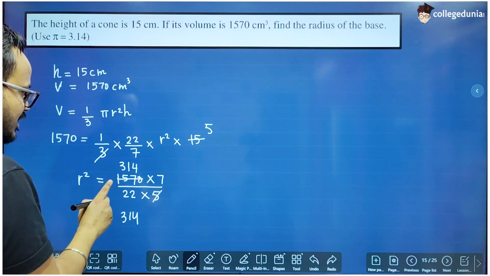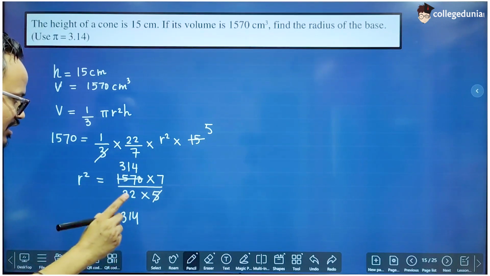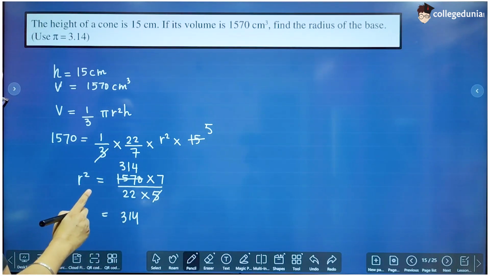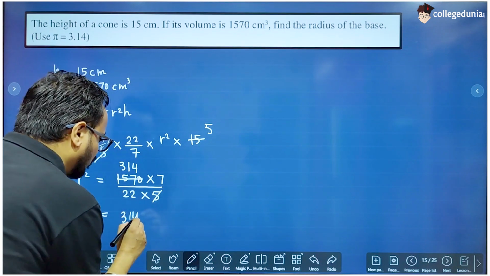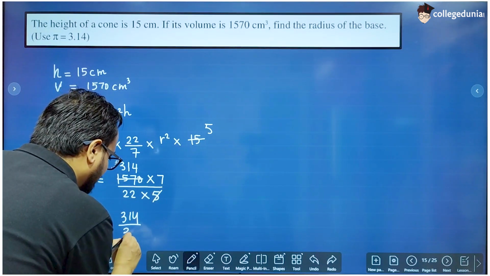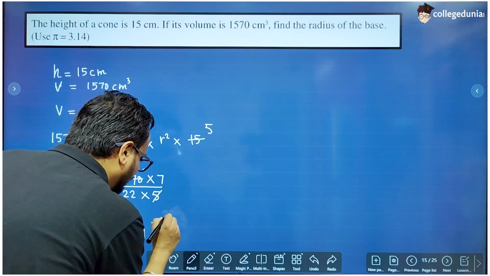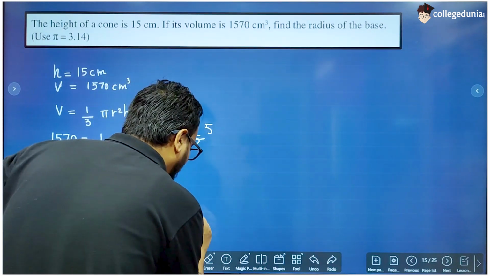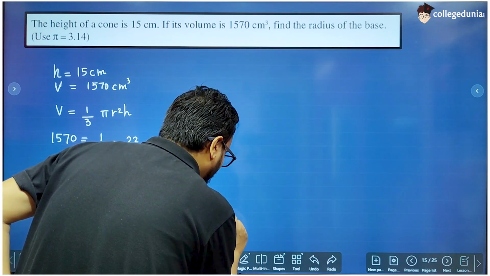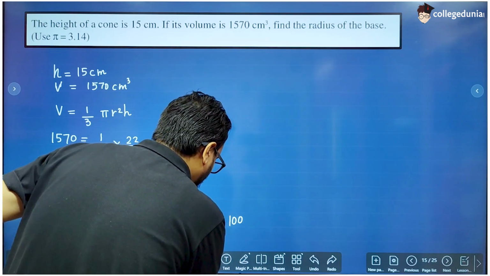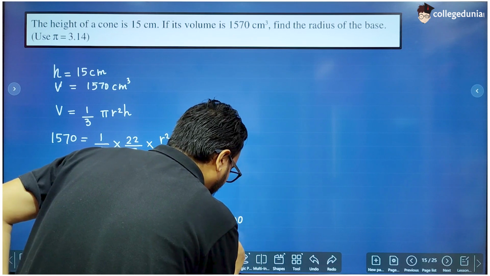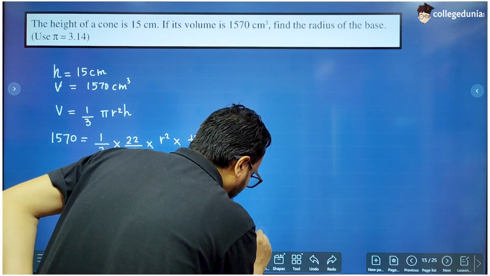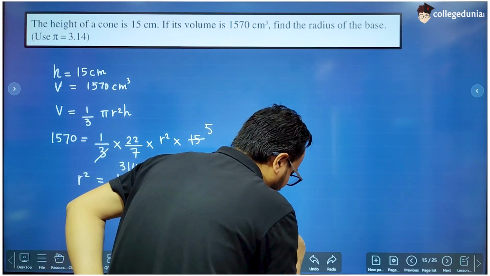So instead of taking pi as 22 by 7, if we would have taken it as 3.14. So this was 22 by 7. So divided by 3.14, this answer is 100. So r square is 100. So the value of r is under root 100, that is 10 centimeter.